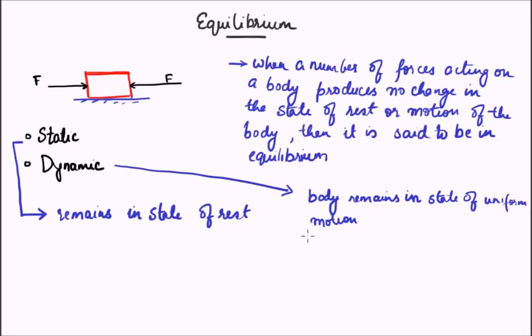One of the examples of dynamic equilibrium would be the falling raindrop. What is so special about a falling raindrop? When a raindrop is falling from a high distance, that is from a cloud, while it is about to reach the earth, the raindrop attains a uniform velocity.